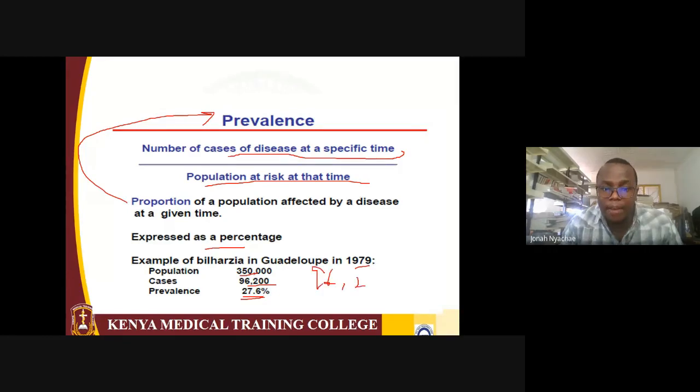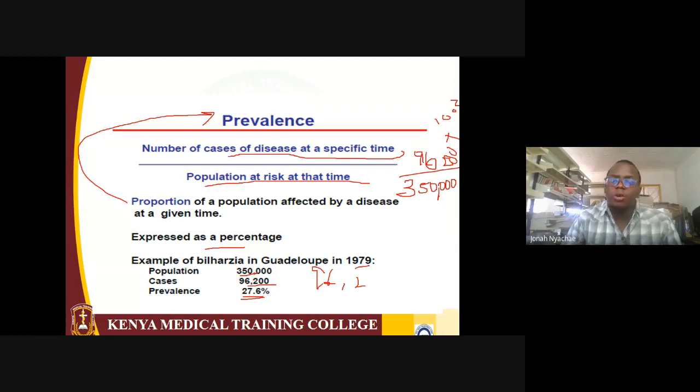So the number of cases of disease here will be 96,200 over the total population, or the population at risk, which is 350,000, and then times 100.